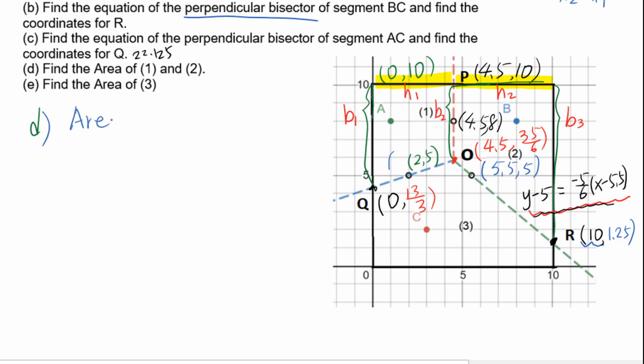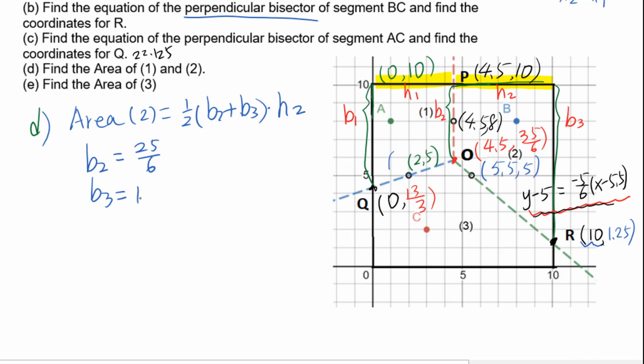Let's go to the area for 2. That equals 1/2 times (B2 plus B3), then times H2. For B2, we already figured out that it's 25 over 6. For B3, you will get 10 minus 1.25. You will get 8.75.